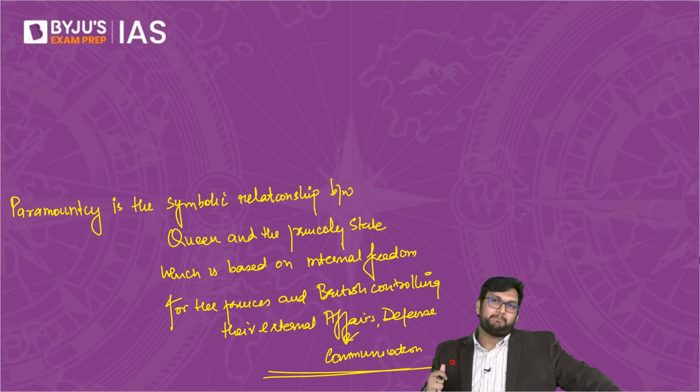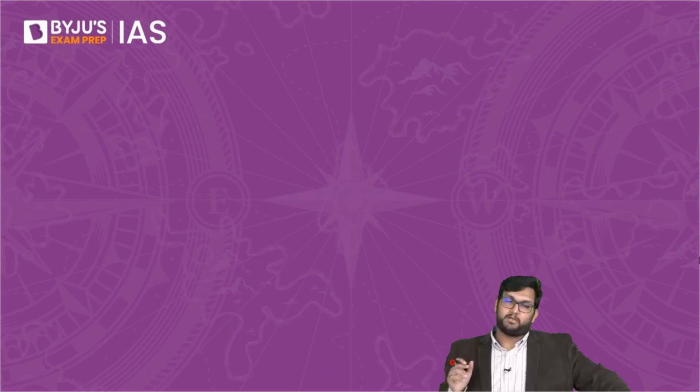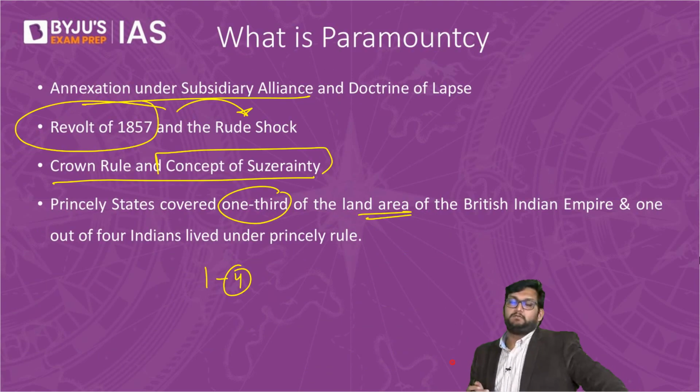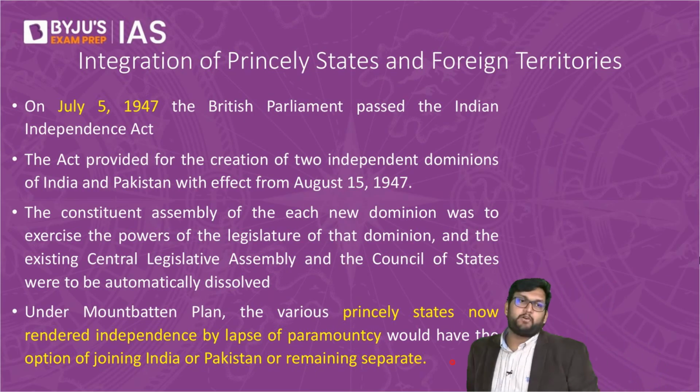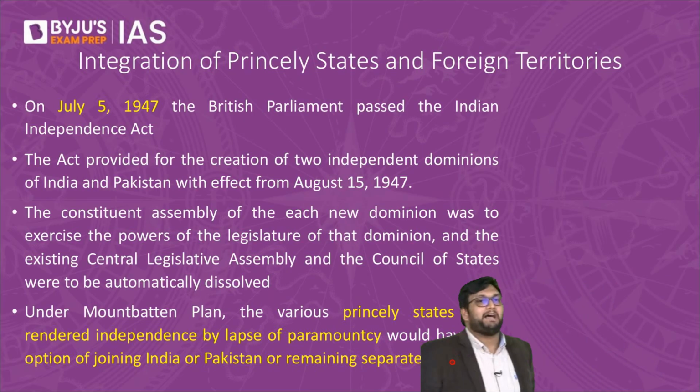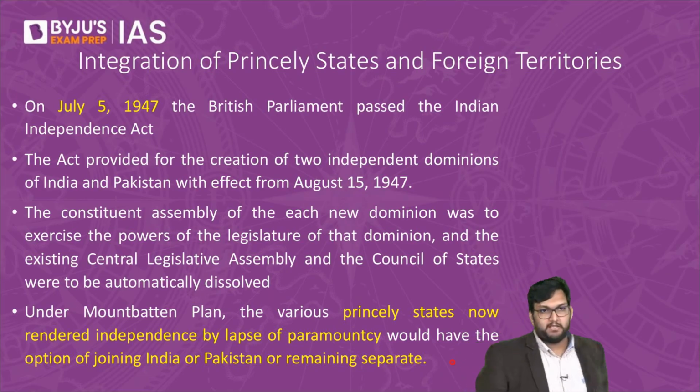If you accept the British as a paramount power, they will not touch you. If you don't accept it, they will conquer you. Okay, very good. Now, on 5th July 1947, the act is passed by the British in the form of the Indian Independence Act.